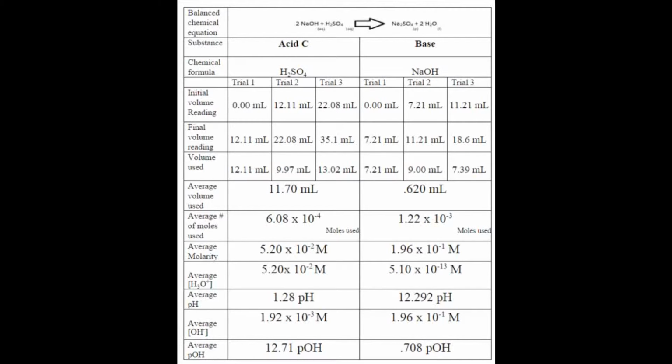However, in trial C, the average moles of acid used was found by dividing the average moles of base used by 2. This occurred because the mole ratio of base to acid was 2 to 1. To find the average molarity, the average number of moles used was divided by the average volume used, which was expressed in liters.